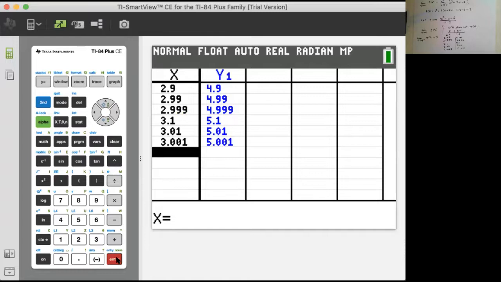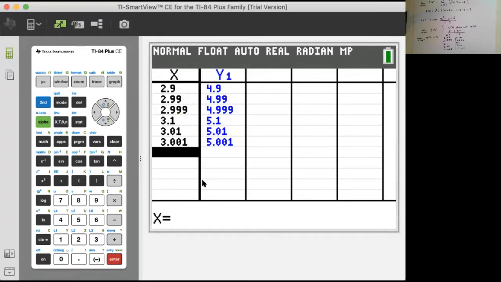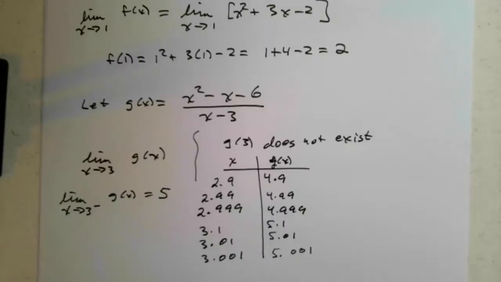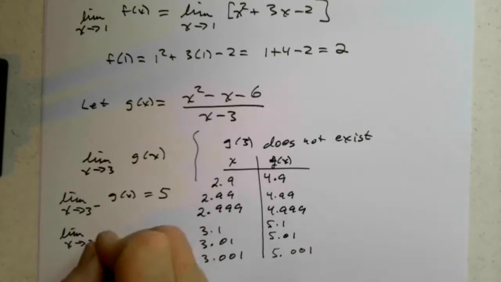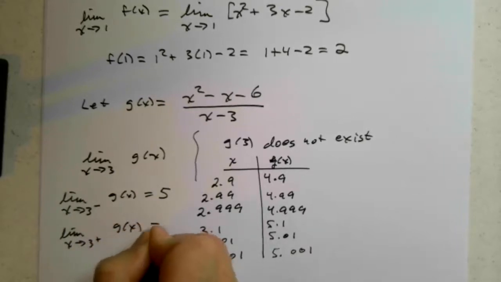So what does it appear that those numbers are getting closer and closer to? Well, as the x values get closer to 3 from the right side, 5.1, 5.01, 5.001 sure seem to be getting closer and closer to 5. So what we could say there is the limit as x approaches 3 from the right of g of x is also 5.